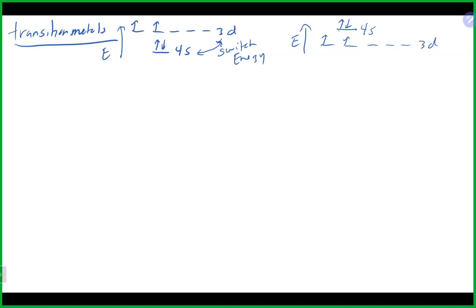This is why, on a side note, if you ever Google electron configuration, you will sometimes see people write electron configuration all in order, it looks like. They'll put all the 3s, 3p, 3d together, and then go to the 4s. The reason they do that is because that electron configuration, the way they wrote it, is based on energy. No chemistry class that you take, including this one, writes electron configuration like that.